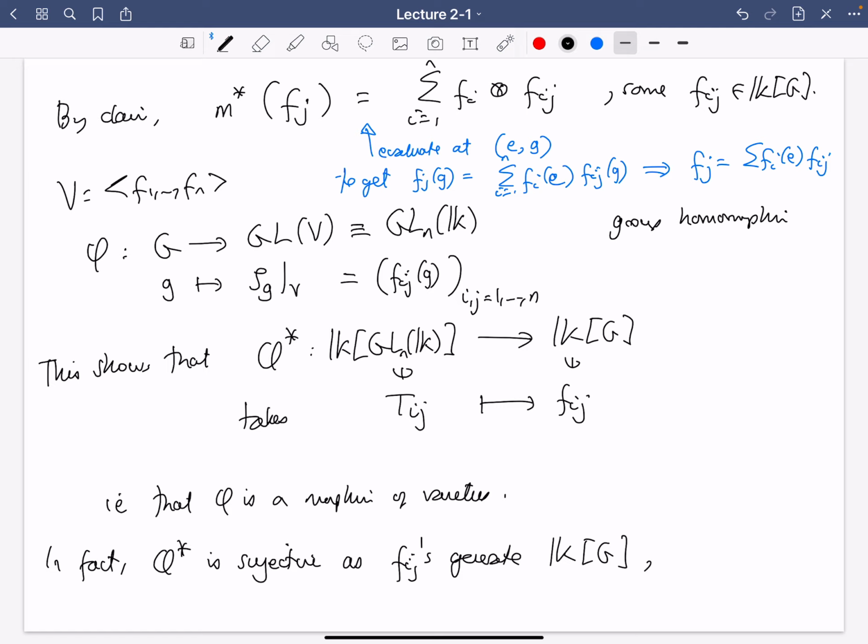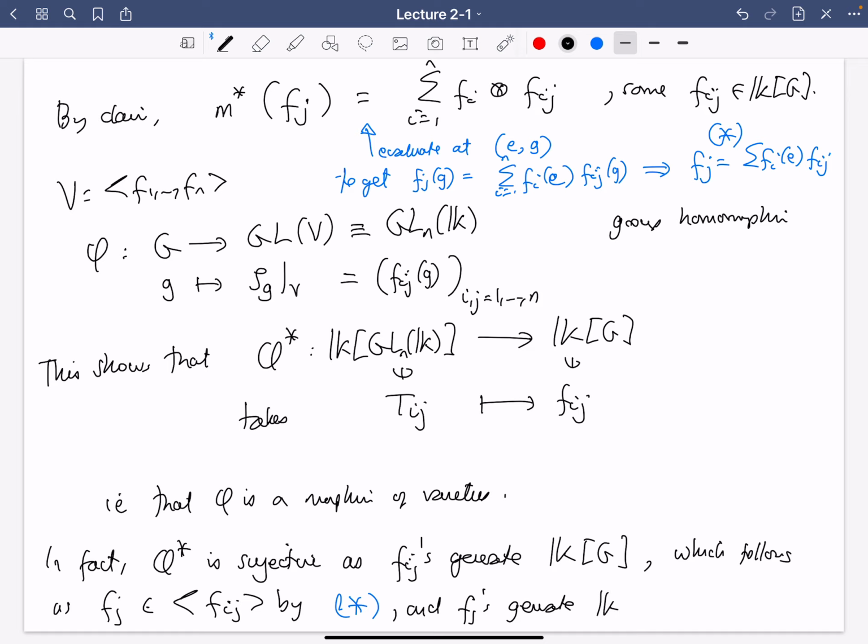So why do the fij's generate the coordinate algebra? Well, this follows as fj is in the span of the fij's by the equation I just derived, and the fj's generate k of G by their original choice.